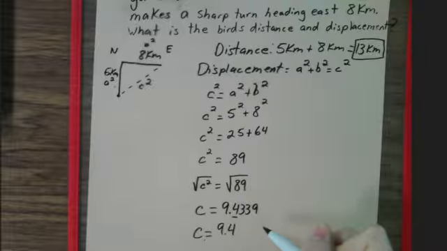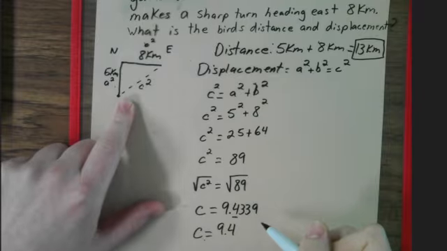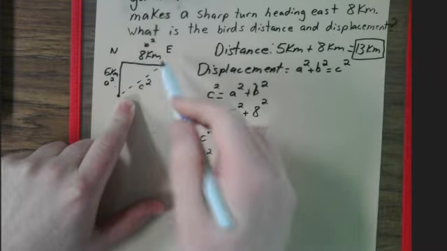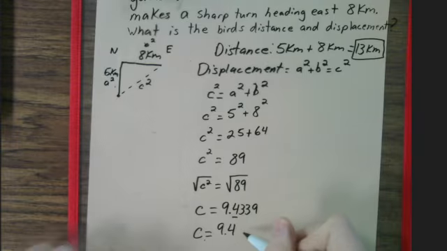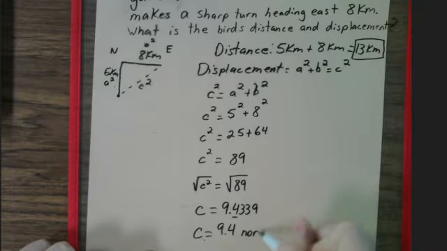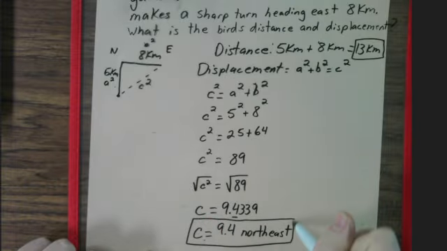We also have to have a direction for our displacement. We ended up going north and then east. This is northeast. So 9.4 northeast. And this is our answer for displacement.